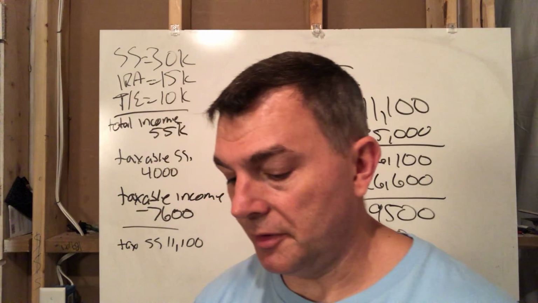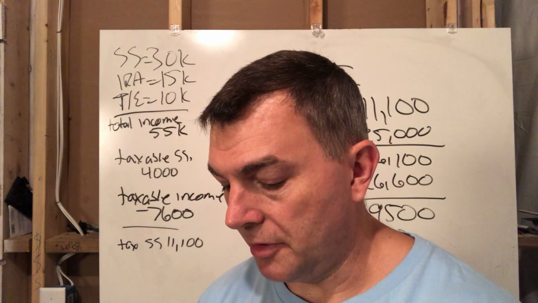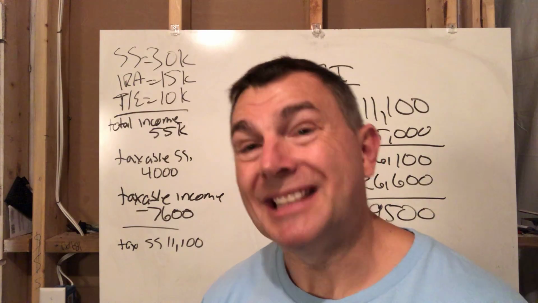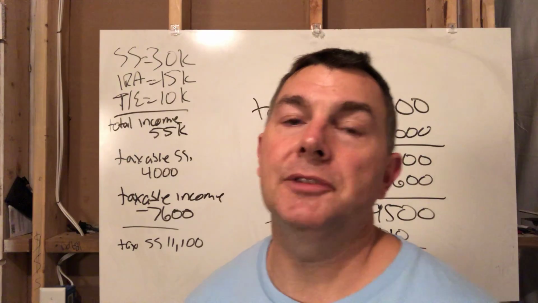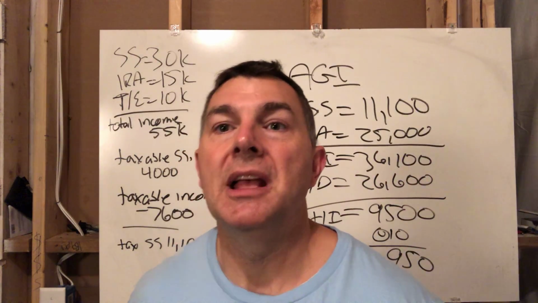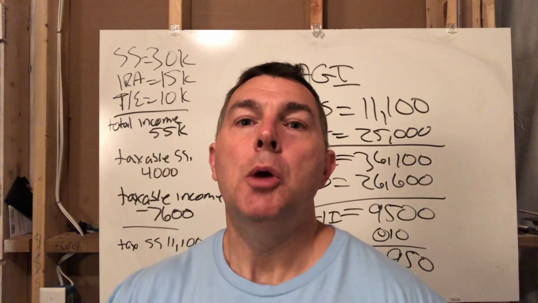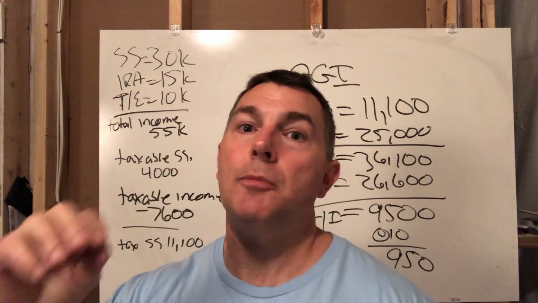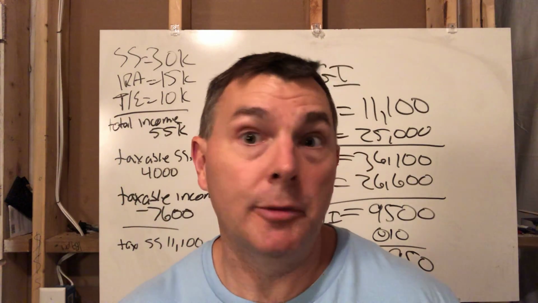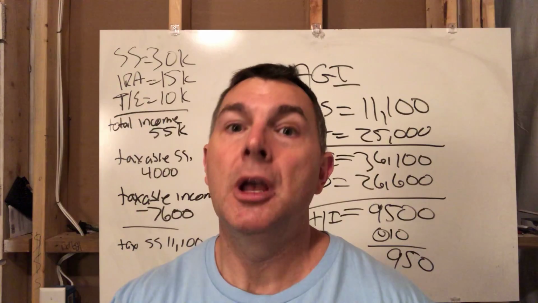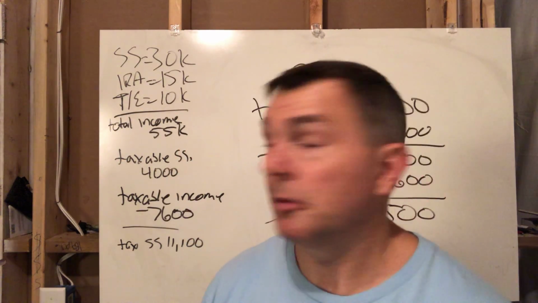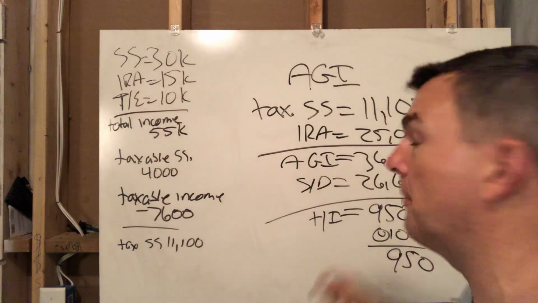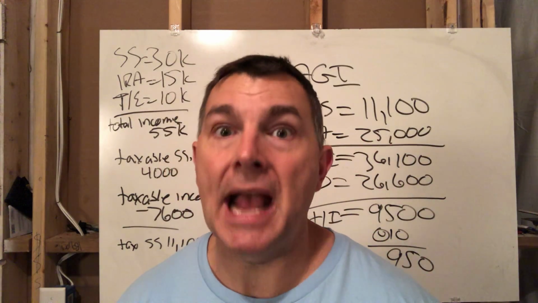So now we have 7,600 plus 9,500, which is $17,000 more of taxable income with a $10,000 IRA distribution, my friends. That's the tax code. We didn't increase taxable income by $10,000. We increased it by $17,000 because we had negative before and now we have positive. That's the tax code.